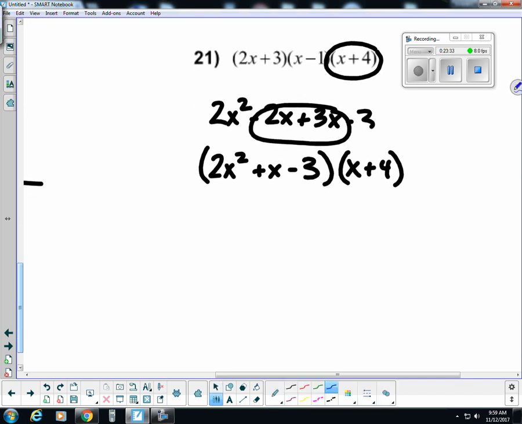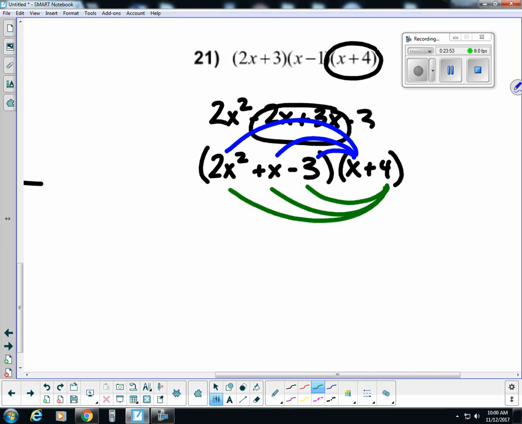So again, I've got 2 sets of distributive property. I've got the blue, x times all those, and then we'll work with green again. The green's with the 4. So with the blue, x times 2x squared is 2x to the 3rd. x times x is x squared.